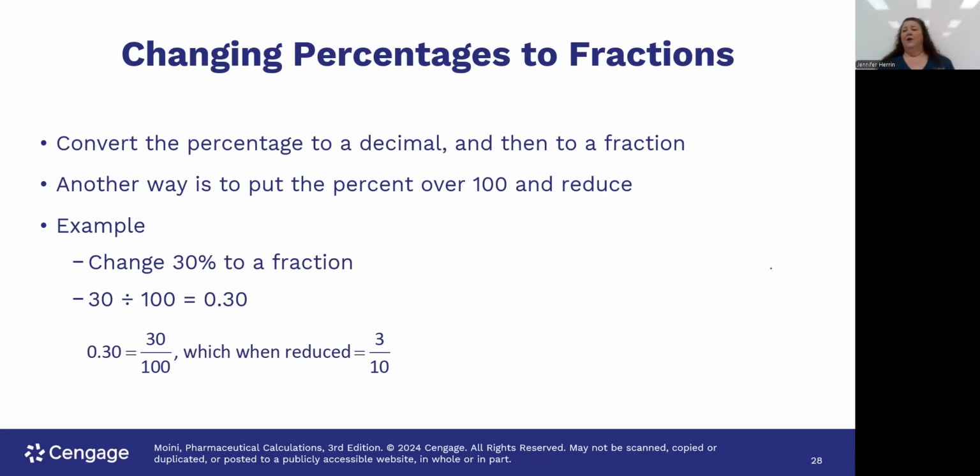So if you did not already know, percentages are understood to be fractions expressed over 100. So if I need to change 30% to a fraction, it becomes 30 over 100. And then I can reduce that number as low as it goes. 30 and 100 are both divisible by 10, and that is how we reduce down to 3/10.